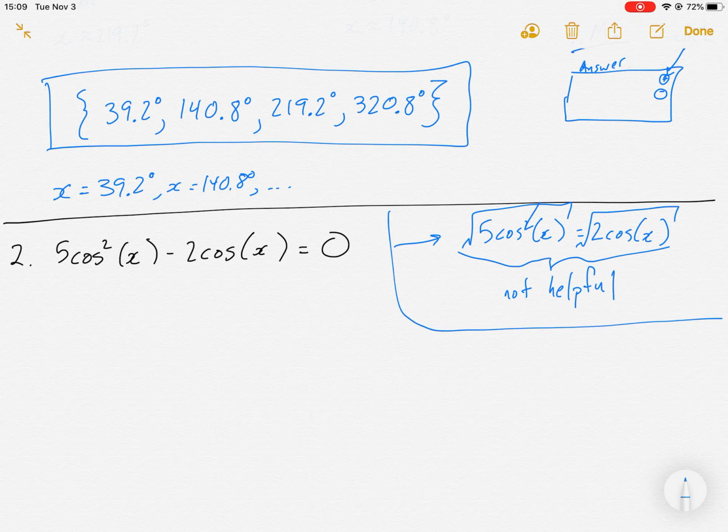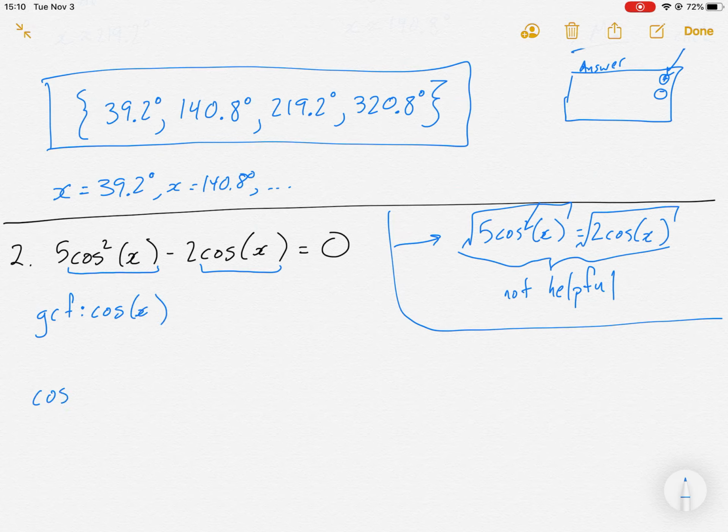So what we're going to do instead is use probably one of the best F words in mathematics, which is factoring. Notice each of these has a cosine of x. So in this case, the GCF is cosine of x.